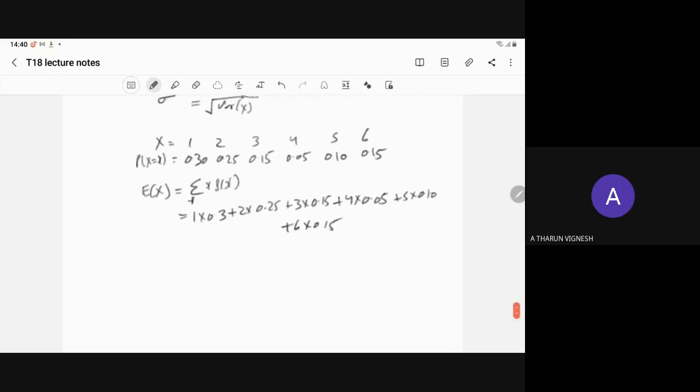That is E(X). For E(X square), it is the summation over all x square into f(x). That is 1 square into 0.3 plus 2 square into 0.25 plus 3 square into 0.15 plus 4 square into 0.05 plus 5 square into 0.10 plus 6 square into 0.15.